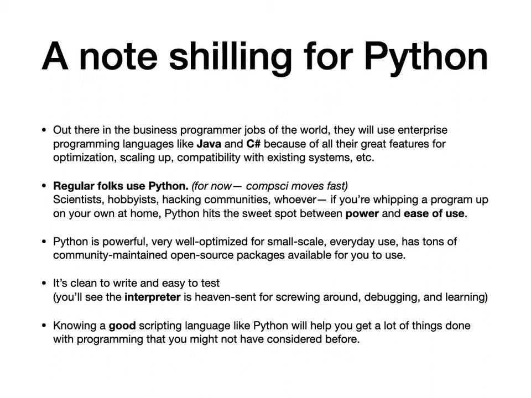So Python is powerful. It's super well optimized for small scale things that you're going to be using on the everyday scale. And it has tons of community maintained open source packages. It's really well documented online. Tons of people use it, right? That's a huge benefit because you're never on your own. A lot of people approach teaching programming and understanding programming as though you need to be a perfect computer yourself.